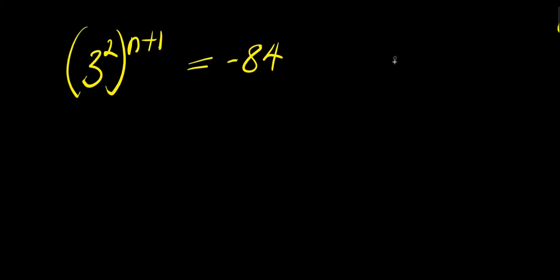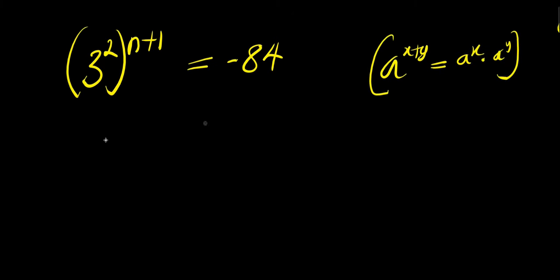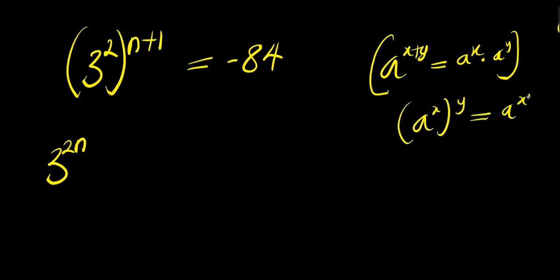So, remember a power x plus y equals a power x times a power y. So this is 3 power 2n. In fact, not only that, a power x power y equals a power x times y.